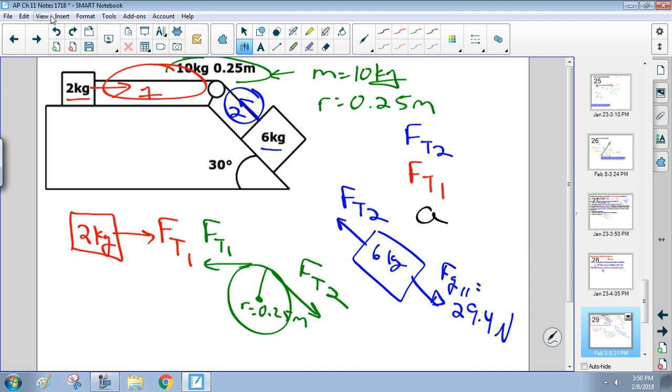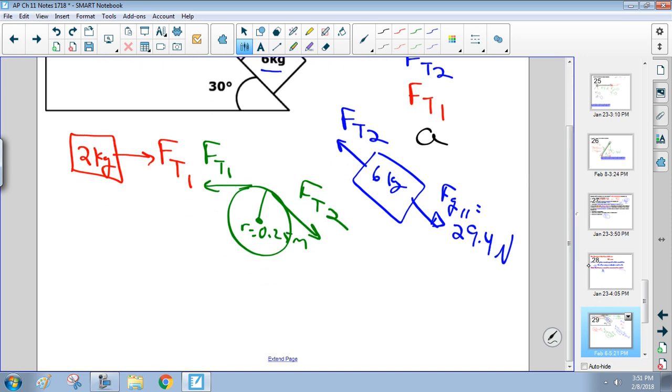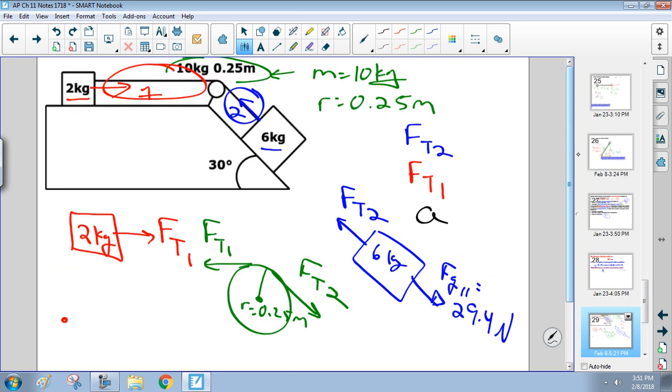So here we go. I'm going to write an equation. The first equation I'm going to write is for the 2 kilogram thing. I guess I've neglected to say a few things here. First of all, the pulley we can treat as a solid disk, and therefore I for a solid disk is, I have it written down on my paper here, 1/2 mr squared.